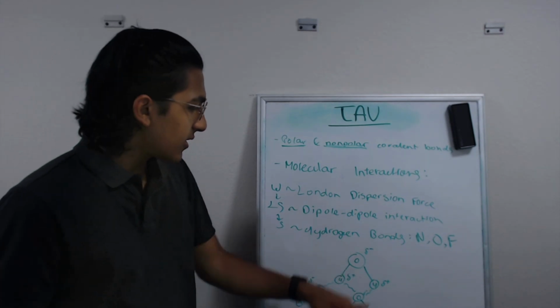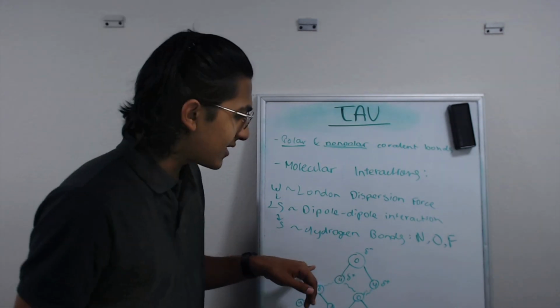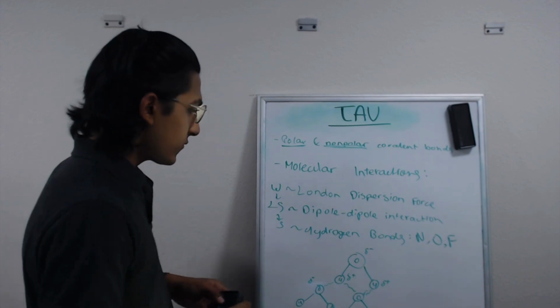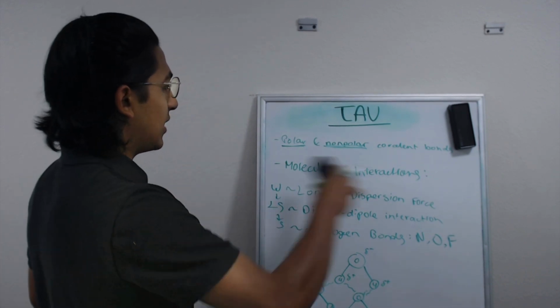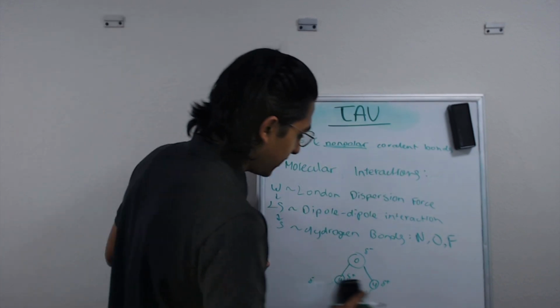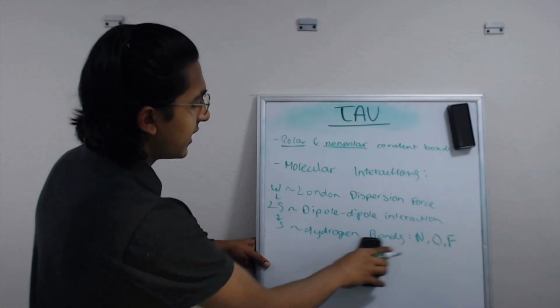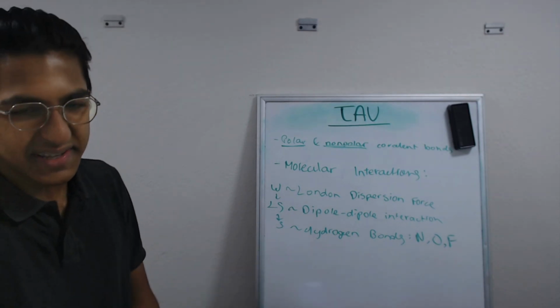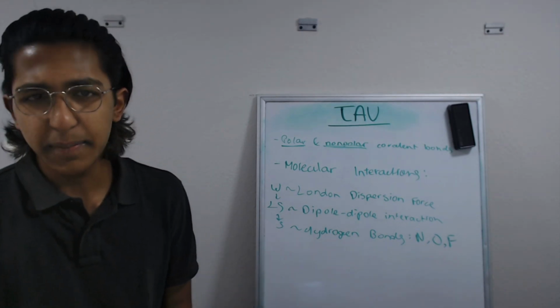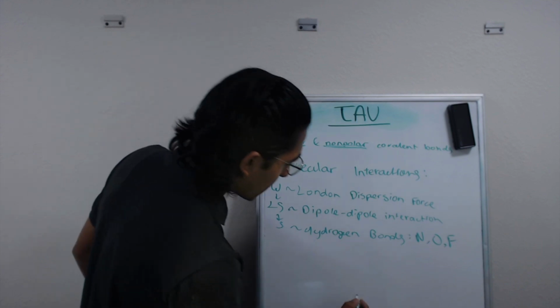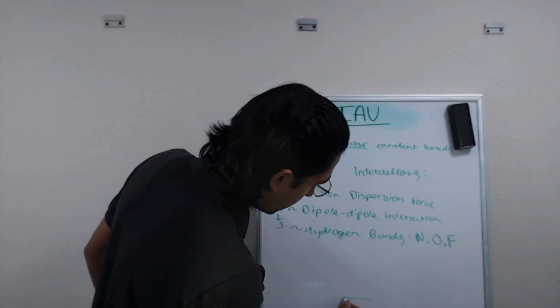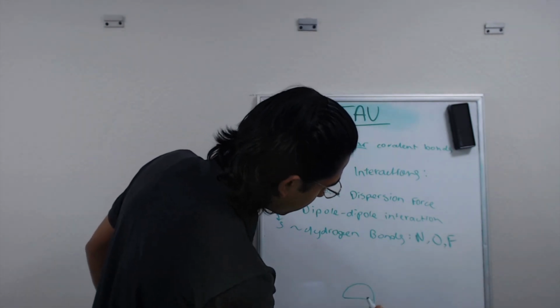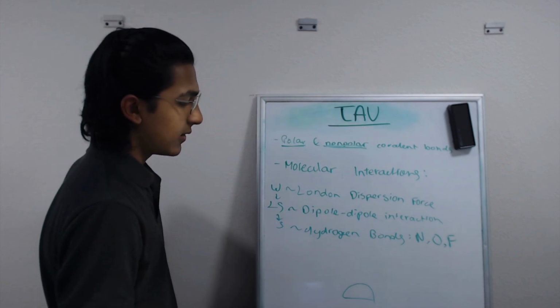So that is what hydrogen bonds are, and these molecular interactions play a key role in many instances. So let's look at a simple one, surface tension. What do I mean? You might have noticed that sometimes when you drop a drop of water, the water kind of bubbles up like this, right?